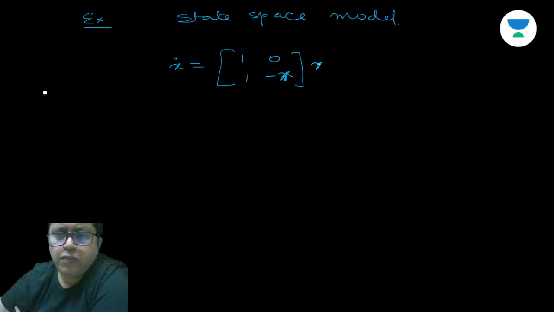Okay, now let us take one example. The state space model is given by x dot is equal to [1 0; 1 -1] x plus [0; 1] u, and y is equal to [1 1] x plus 0 u.